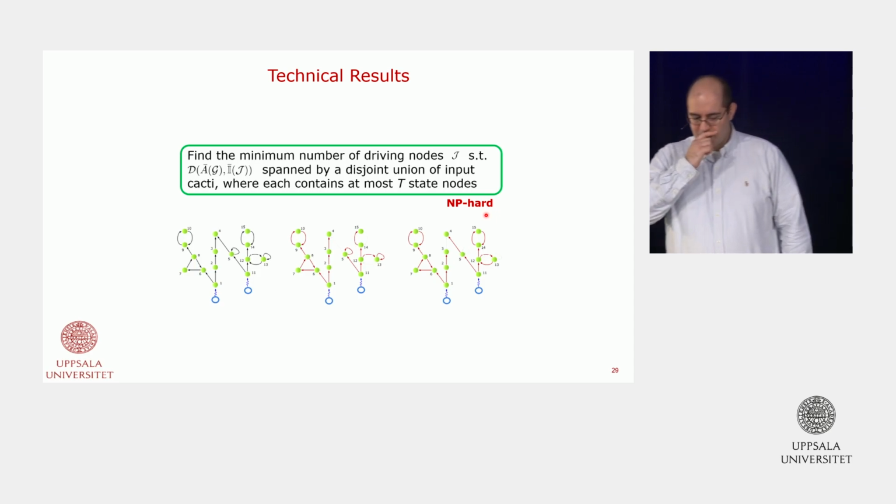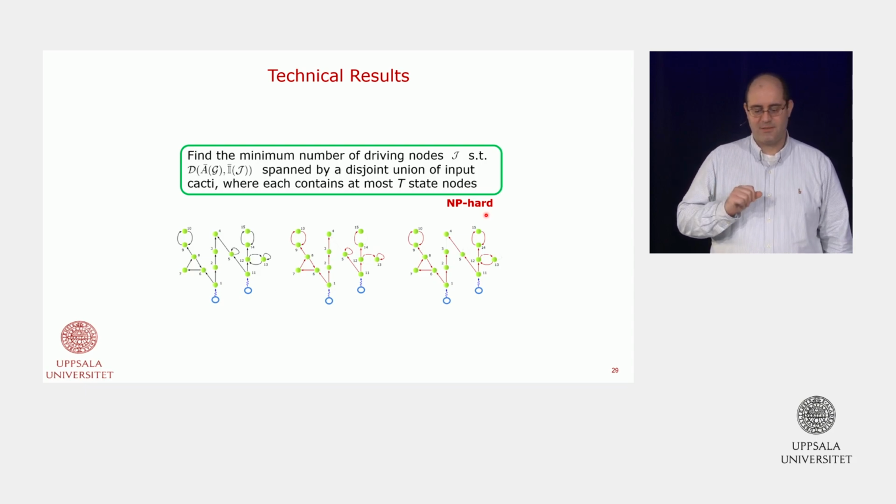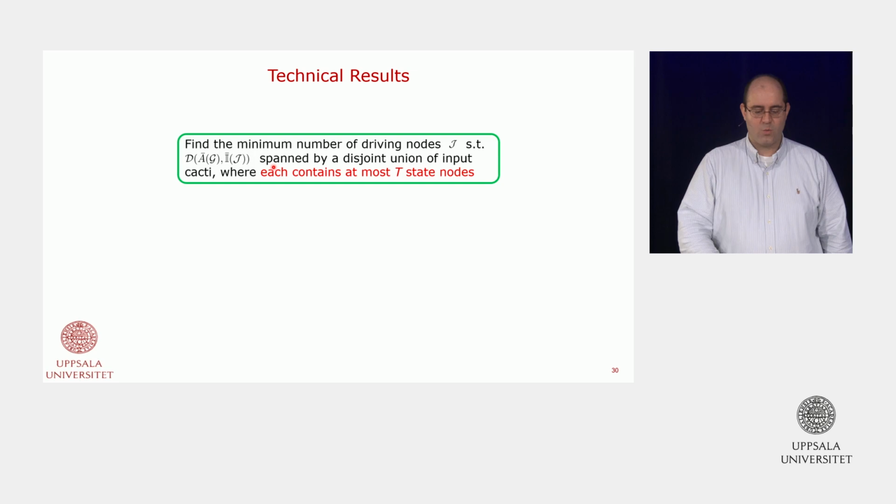It turns out that we looked into this statement and we reverse engineered it as follows. We know that we need to guarantee that we have at most T state nodes. So let's start there. What can we do with that information? Instead of trying to cut arbitrarily the nodes, maybe let's first restrict the number of nodes we can have in such input cacti.